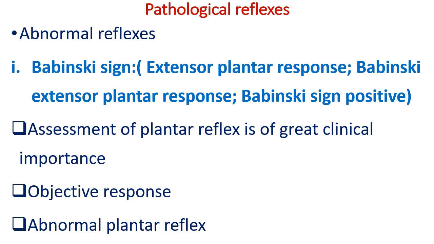It is an objective response which can easily be compared by various observers. So it's not a subjective response; it's an objective response that you elicit, you see a particular type of response, so anybody can elicit and compare it. Here we get an abnormal plantar reflex instead of the normal plantar reflex. What is it?